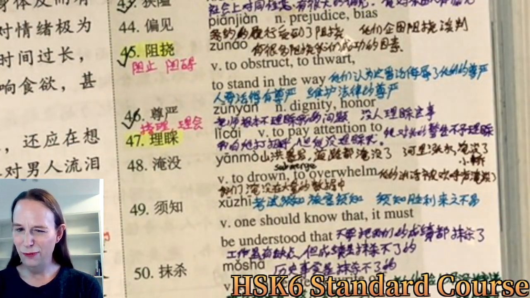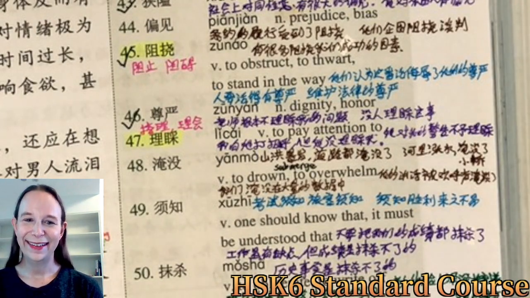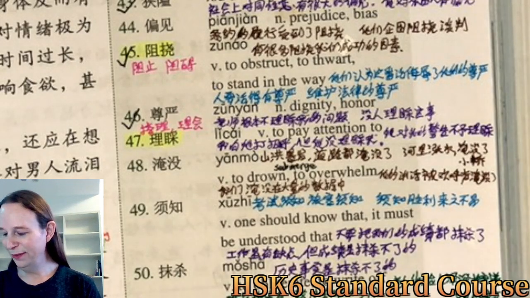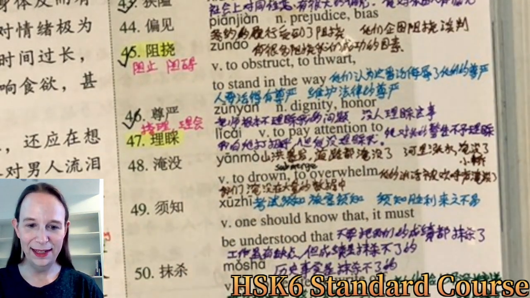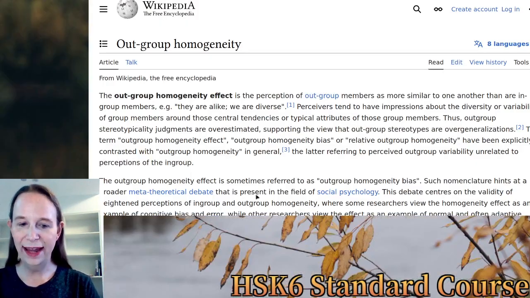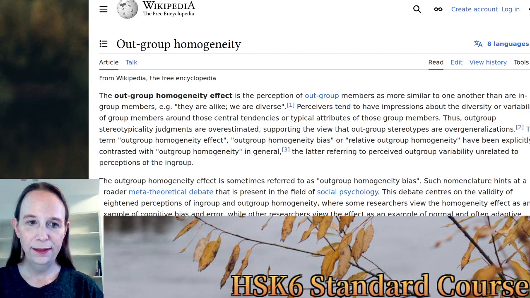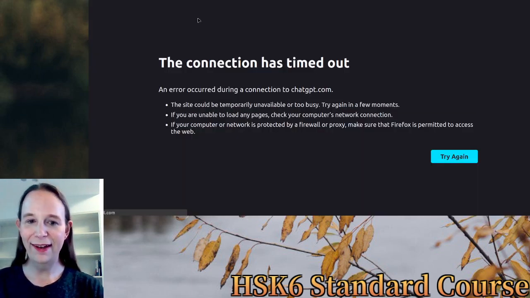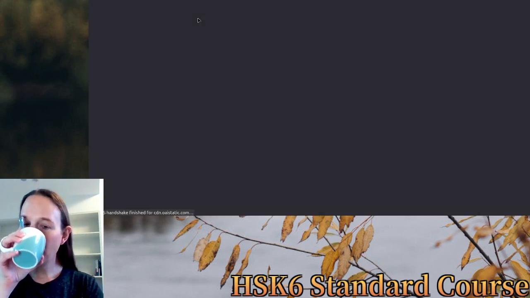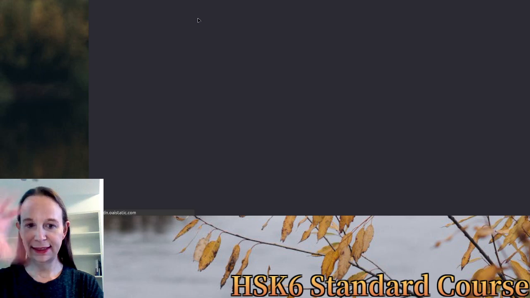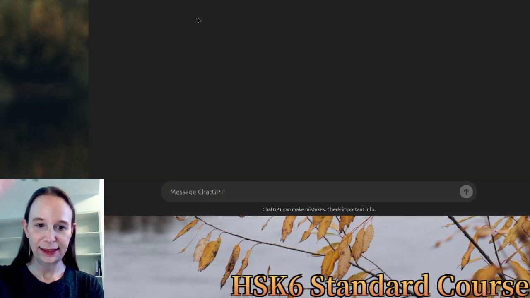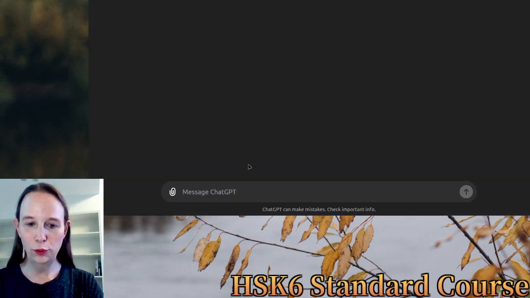A relatively rare word. So we saw a country... Let's ask ChatGPT. A country can have 尊严. What else can have 尊严? Yeah, my browser crashed before, so let's try again. 尊严.